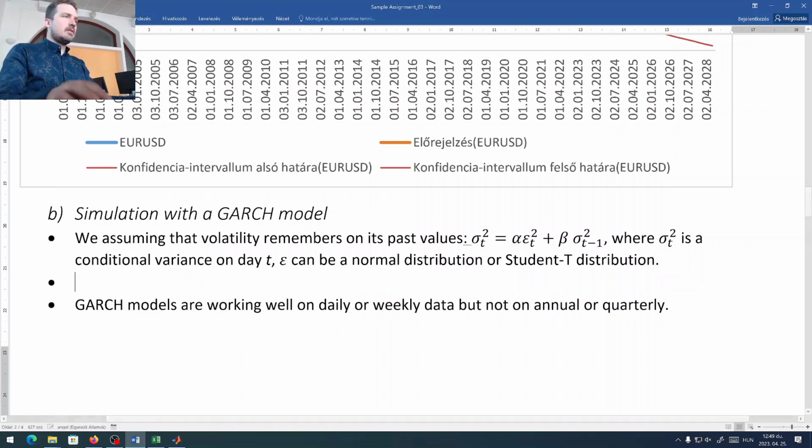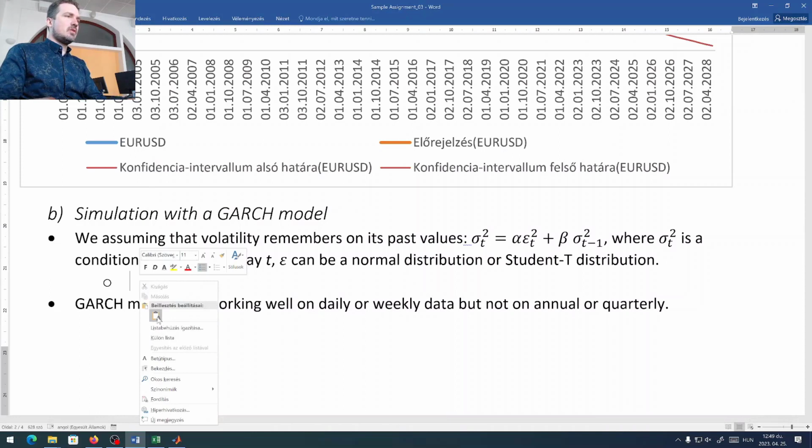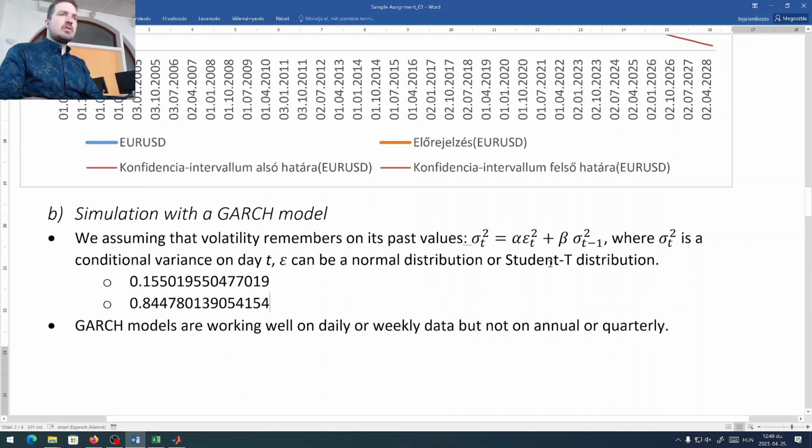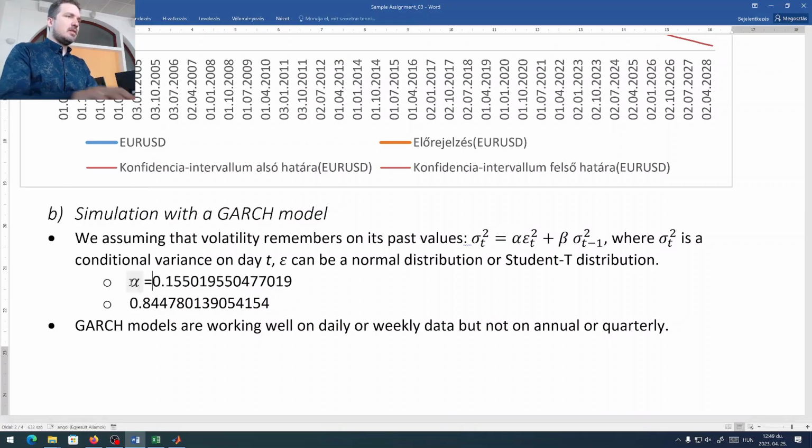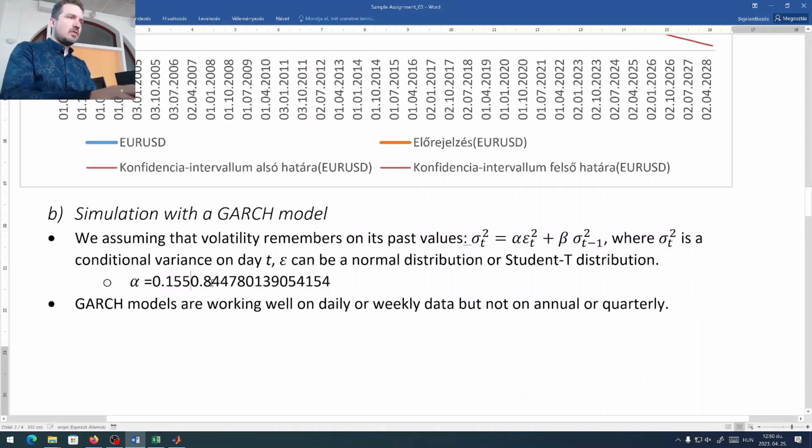Okay, so let's continue here. Just to describe what we have here: alpha is this one, beta is that one.